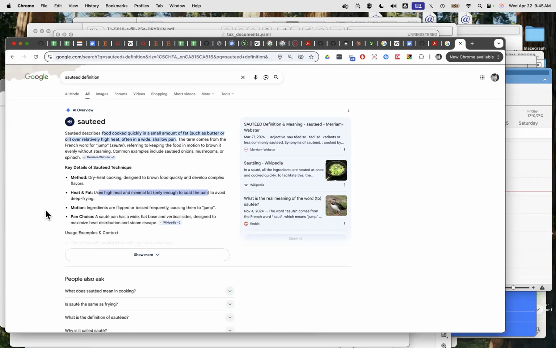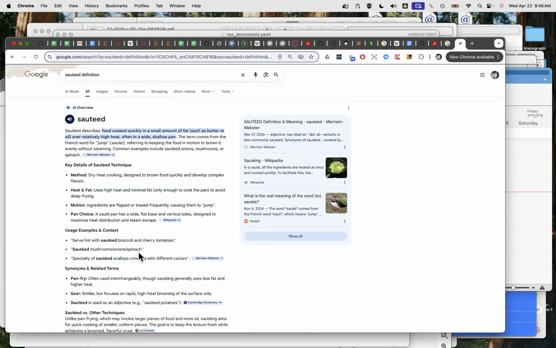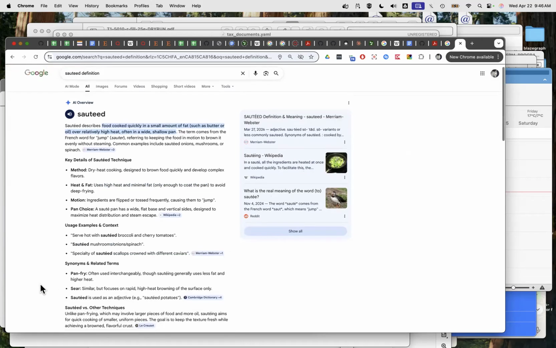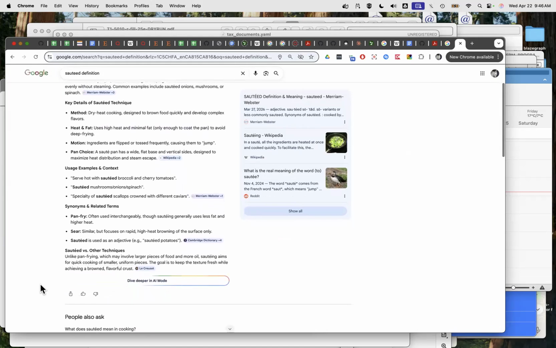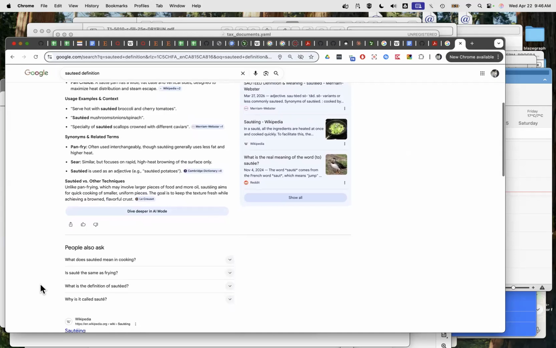You don't put any butter or any oil in. You just fry them up that way, and they end up being a little bit more fleshy. Like sauté just means jump, right? It's just like the vegetables jump around because you're mixing it a lot. Yeah, so traditionally it's with oil, but it could be done with water.